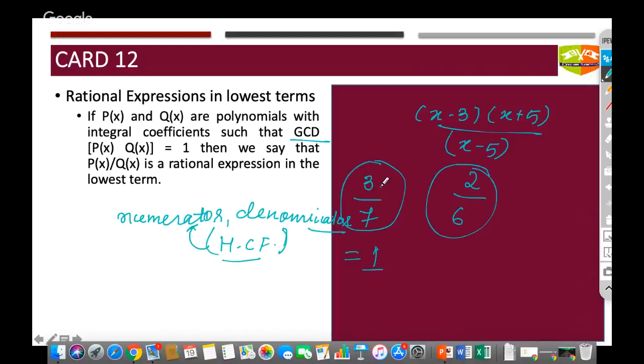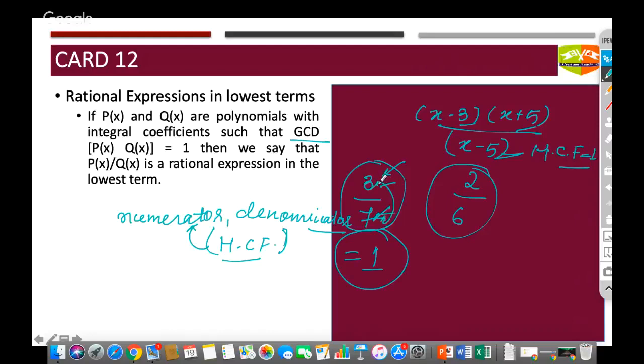If the HCF of numerator and denominator is 1, it means that there is no common factor between numerator and denominator. So the common factor cannot be cancelled out, the common factor is 1. So you see here there is no common term between x minus 3, x plus 5 and x minus 5. Hence, the HCF over here is equal to 1.